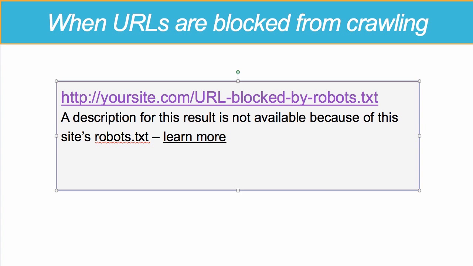So okay, now we understand that blocking URLs or directories using the robots.txt disallow statement will not keep pages from showing up in the Google index. So what do we use to keep pages out of the index?